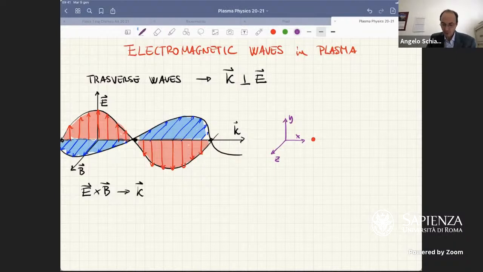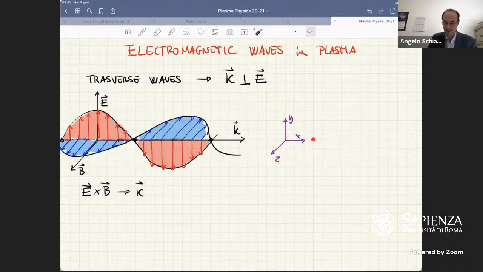And what is happening is that when this field interacts with the electron, the electron reacts to the electric field and starts going up and down in the perpendicular direction, in the y direction, mainly reacting to the Coulomb force due to the electric field.